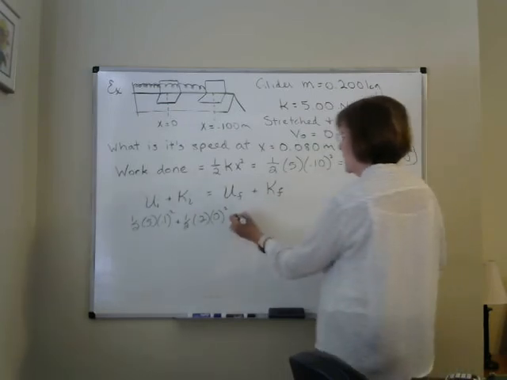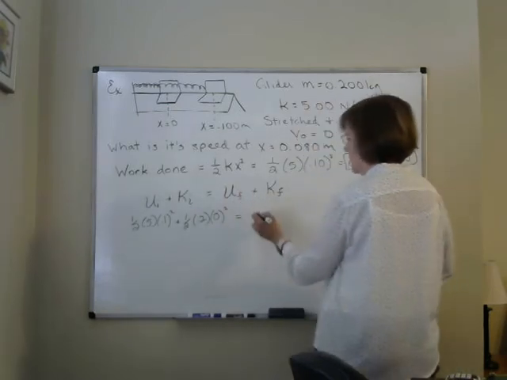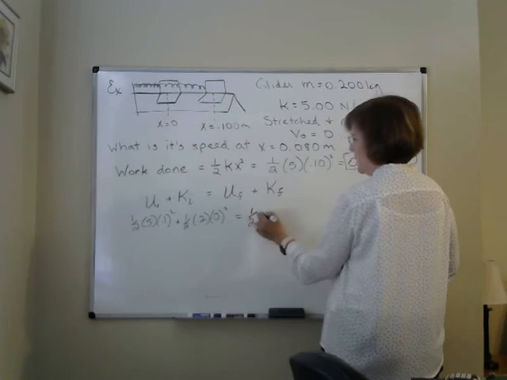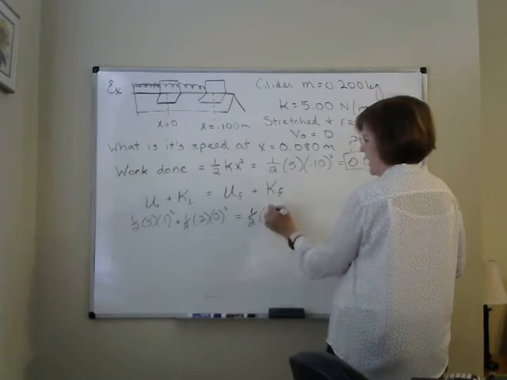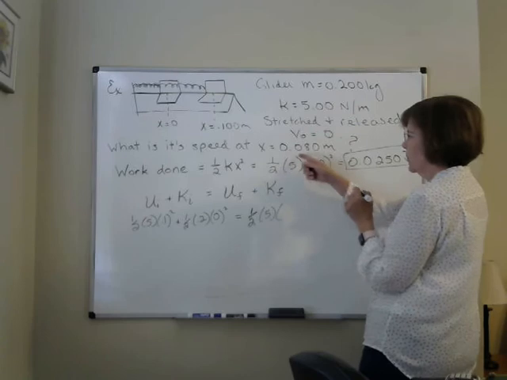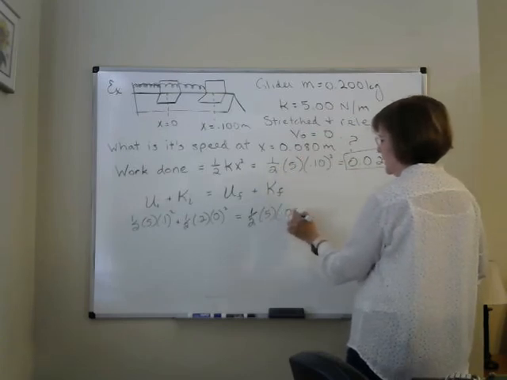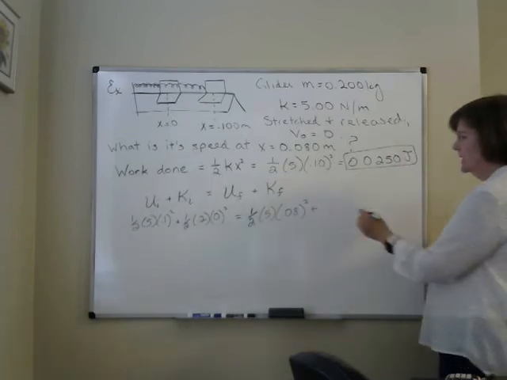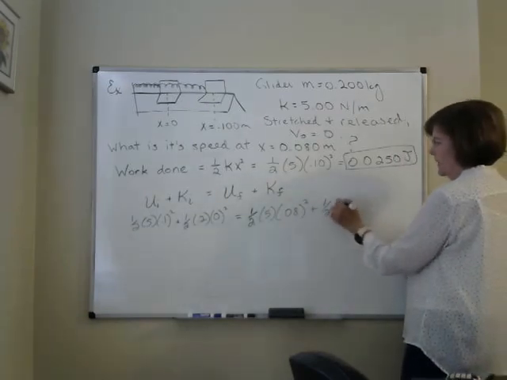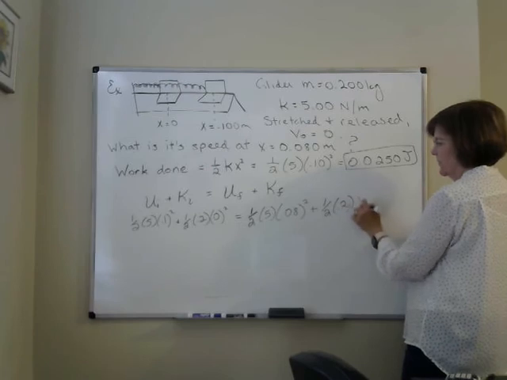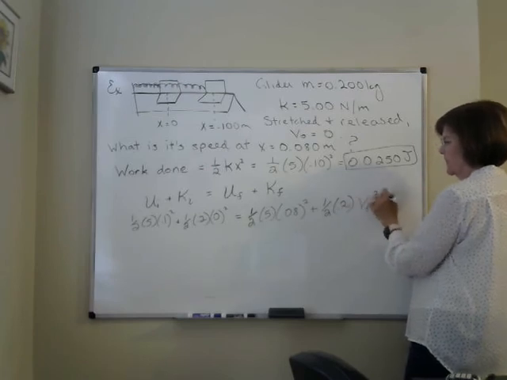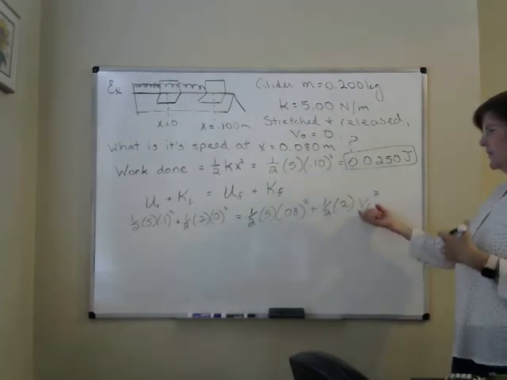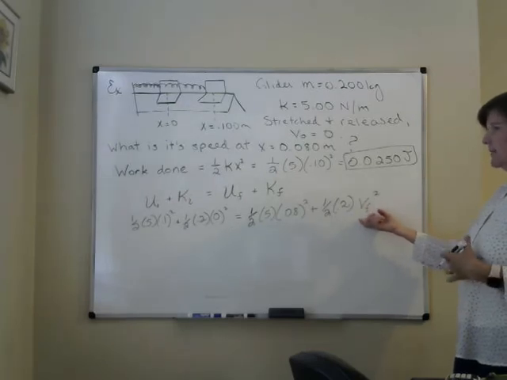We end up with a final of 1/2 kx squared, and x is 0.08, plus a final kinetic of 1/2 0.2 v final squared. The only thing we don't know in this problem is the final speed.